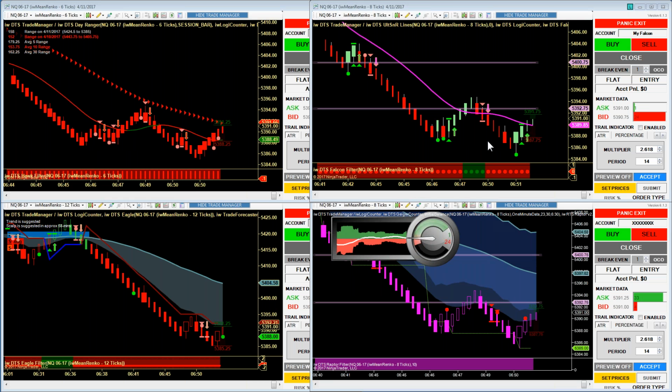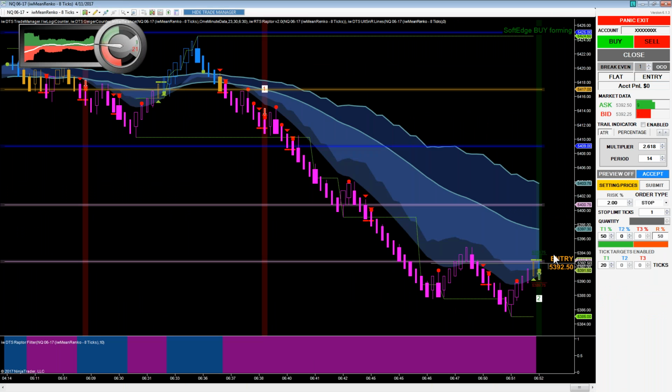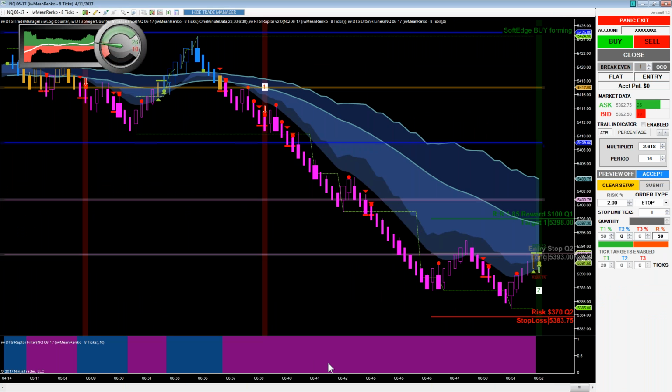Okay, so we're looking at something resembling a little bit of a double bottom. Here comes a soft edge buy signal that I was kind of waiting on. So what we're looking at here is a market that has retested the lows, retested the extreme, if you will.